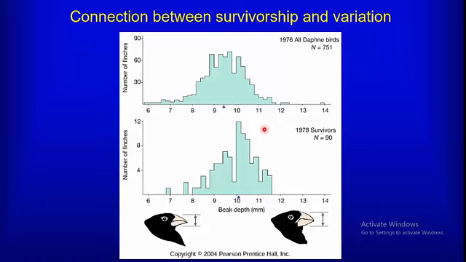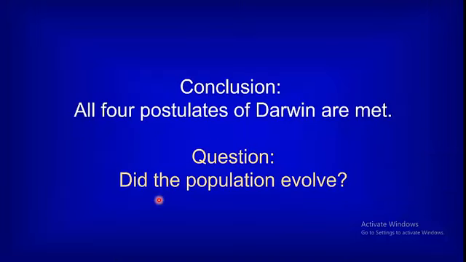So when the seed production fell and the average seed characteristics moved from being small and soft to large and hard, the birds which had the larger beak depths were favored, and therefore, although they also died, their death was, relatively speaking, at a lower rate compared to those guys who had smaller beaks. So we see that all the four postulates of Darwin that I showed you are being met.